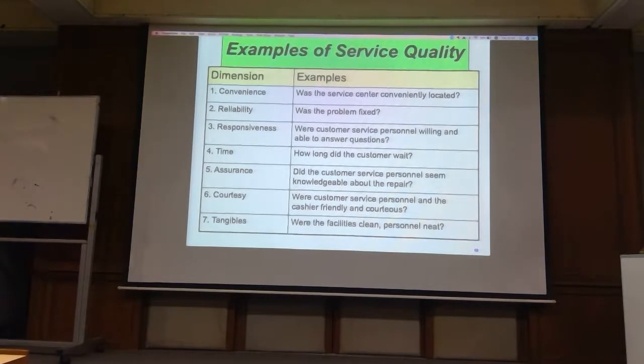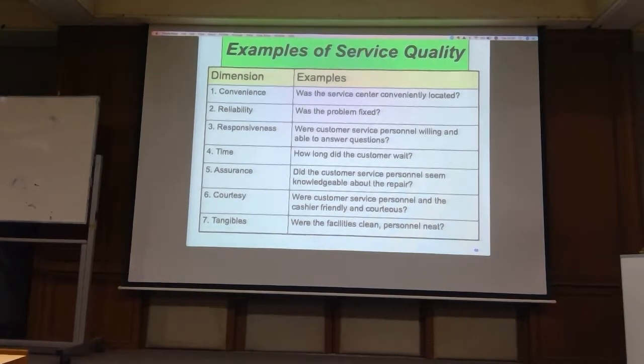For example, convenience, meaning being close to the customer. Reliability, meaning problems can always be solved. Responsiveness, meaning customer service personnel are willing and able to answer questions.